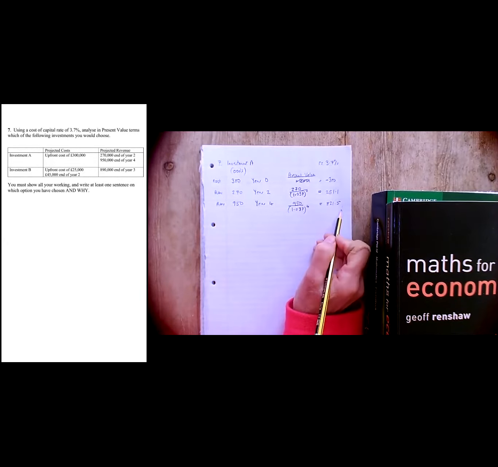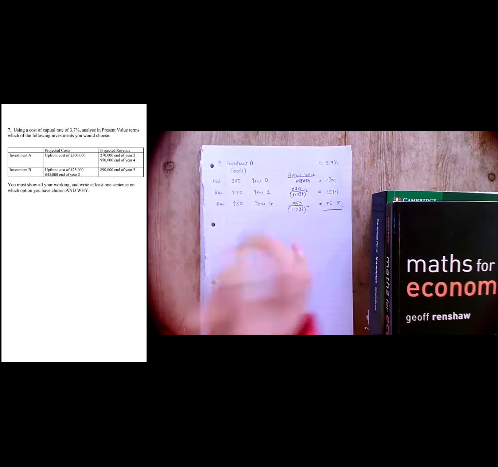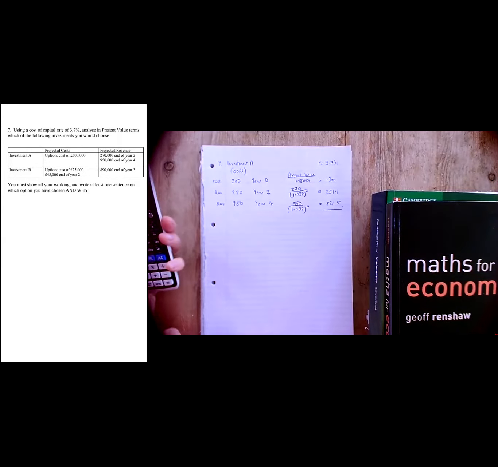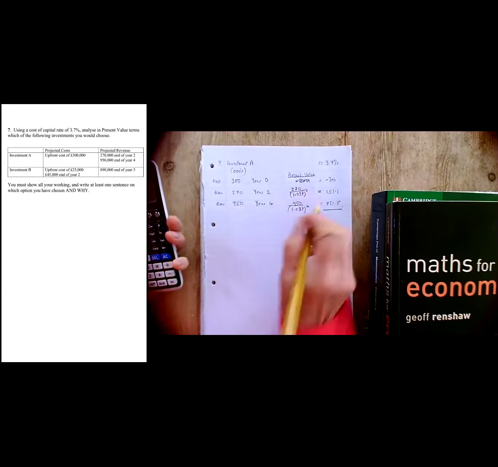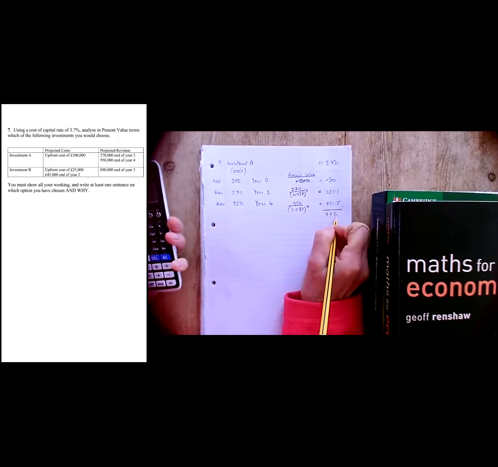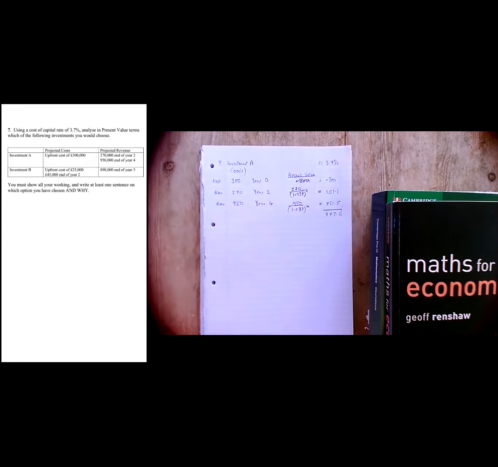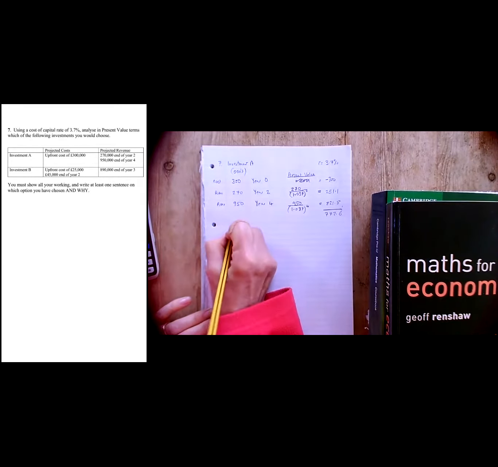So if we add them all together, we will get a total present value, or net present value, because it's net of costs and revenue. So that's investment A.